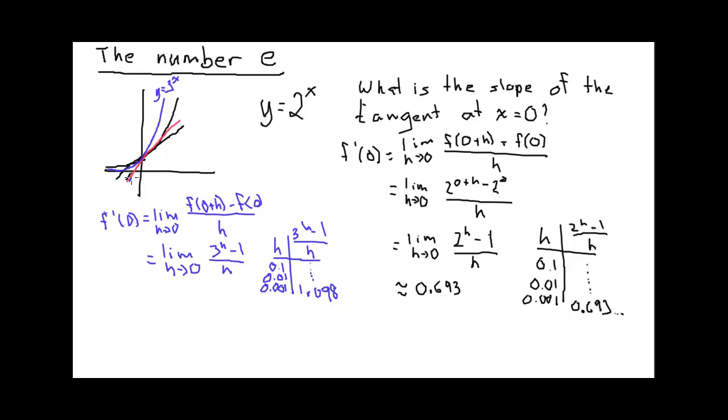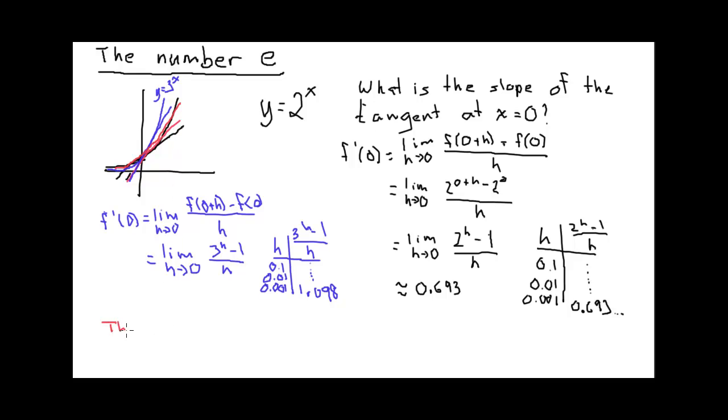So that slope is a little bit bigger than what we wanted. So this must be a little bit steeper than that red one I drew. So there must be some exponential in between y equals 2 to the x and y equals 3 to the x. So I'm going to try it in between, where that tangent has a slope of 1.